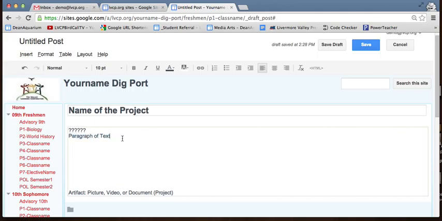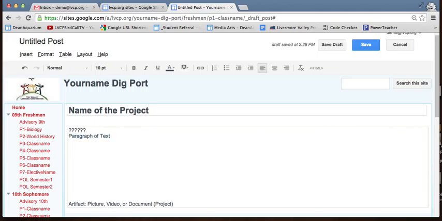For the paragraph of text, we need to answer a couple of questions. We need to talk about who, what, when, where, why, and how. I'm sure you remember this from elementary school. We need to write a paragraph telling what happened within that class, who was doing it, who you are in a group with, and all that good stuff.